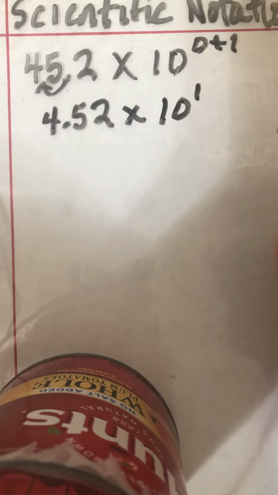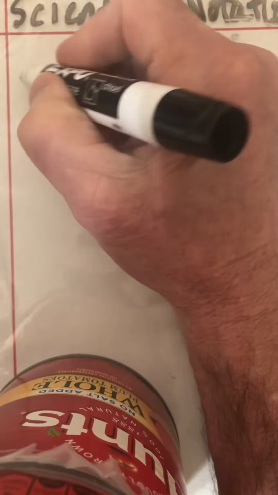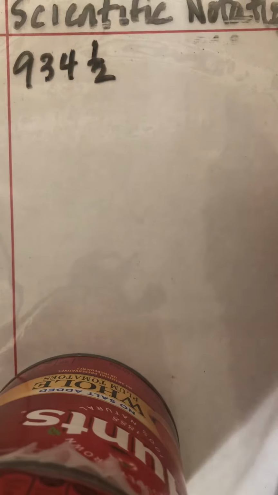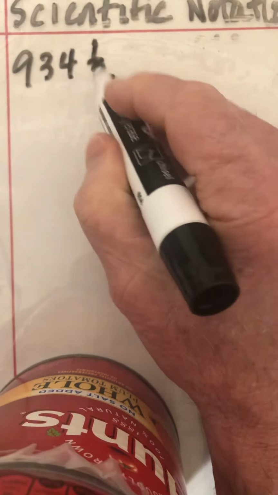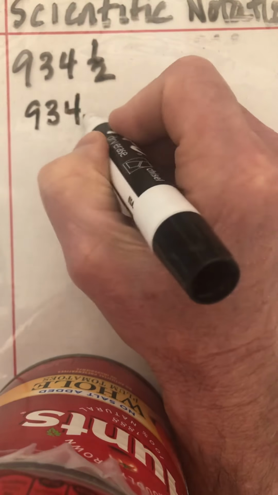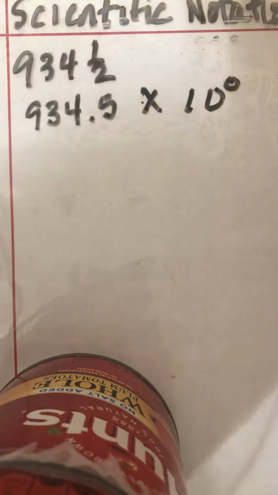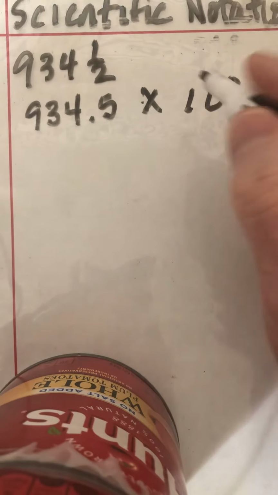All right. The next one is a little bit tricky in that it's written as a fraction. It's 934 and 1/2. So what I need to do is convert that 1/2 to a decimal, which gives me 934.5. Again, I'll take that times 10 to the 0, which is the same as multiplying by 1, so it doesn't change the value.